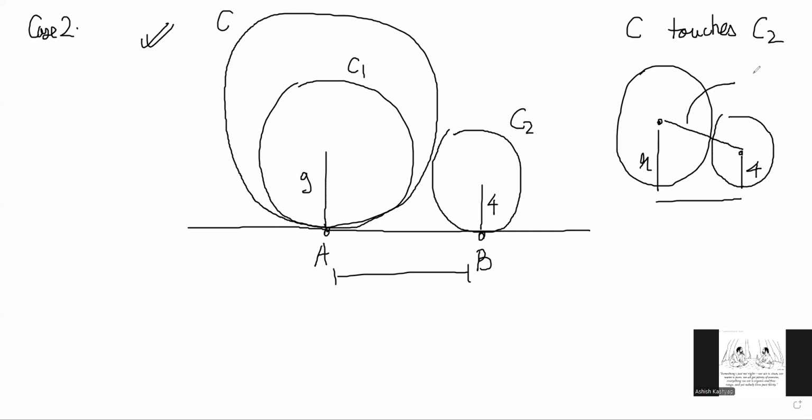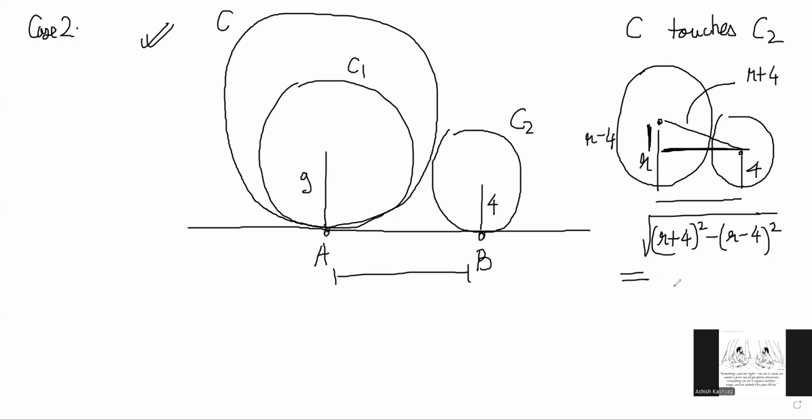So this length would be R plus 4. This much is R minus 4. And this is the distance that I need, which will be root over (R plus 4) whole square minus (R minus 4) whole square. So that comes out to 4 into 4 into R. So this is 4 root R, right?